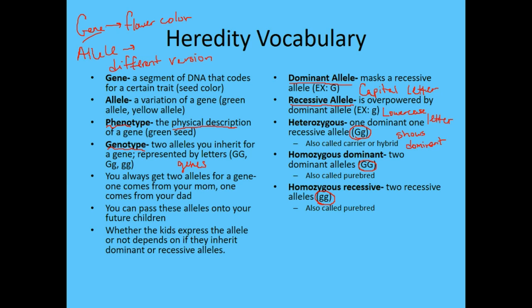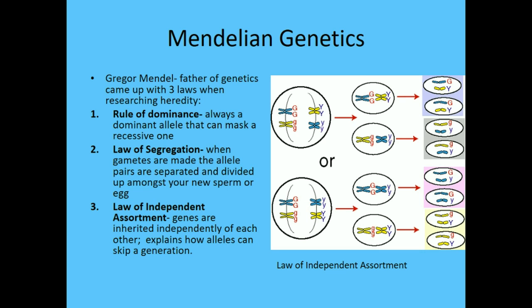All right, now we're going to start getting into Mendel, and he had three big ideas. The first is what we just talked about, the rule of dominance. That there's always going to be a dominant allele, and there's always going to be a recessive allele. Then he talked about the law of segregation, and this is going into meiosis. He's talking about how when you have pairs of alleles on these chromosomes, they are going to be separated.